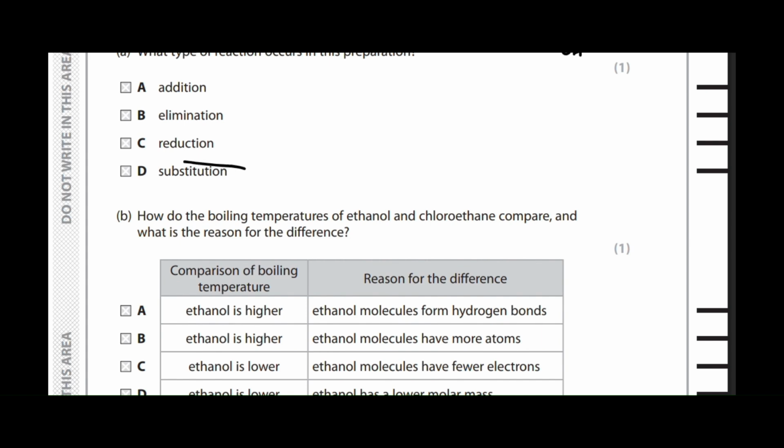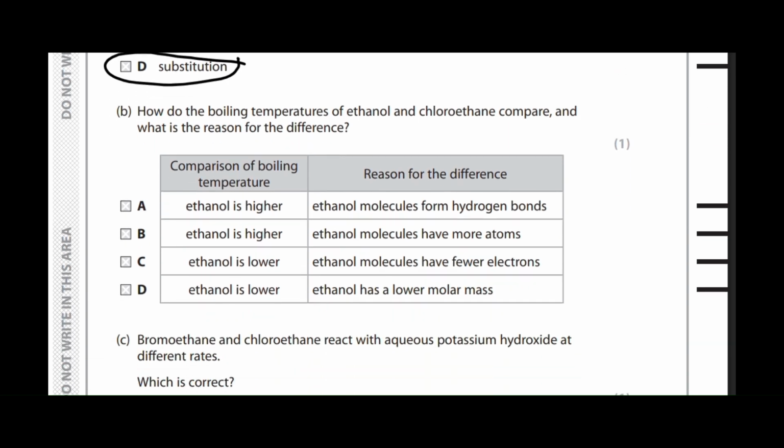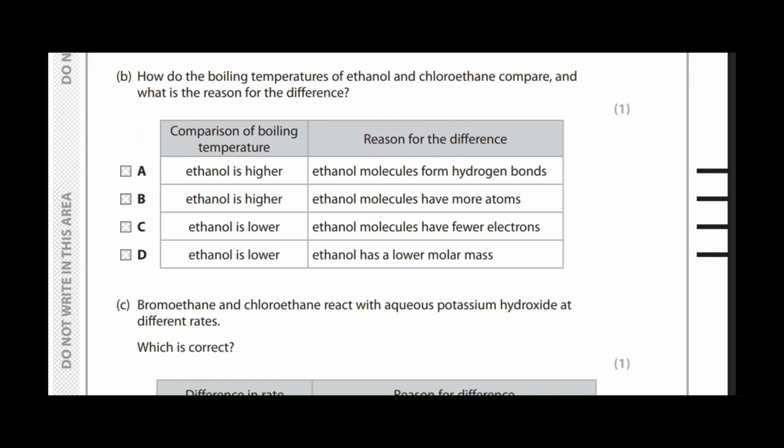So, this is a substitution reaction. Now, how do the boiling temperatures of ethanol and chloroethane compare, and what is the reason for the difference? Basically, ethanol has a higher boiling temperature due to the presence of hydrogen bonds. So, the correct option is A, that ethanol is higher, ethanol molecules form hydrogen bonds.